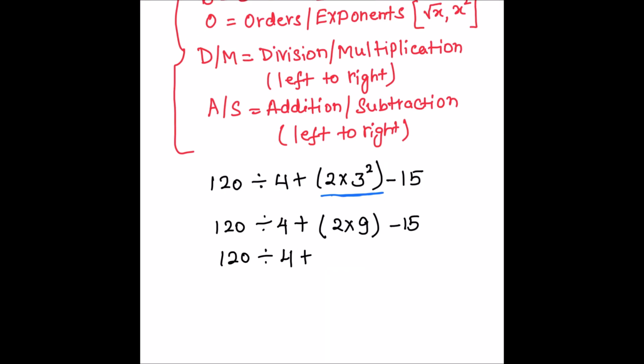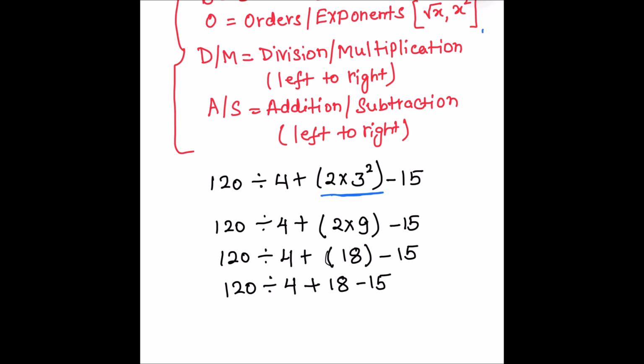Then it will be 120 divided by 4 plus 2 times 9 is 18, minus 15. So this will be 120 divided by 4 plus 18 minus 15.